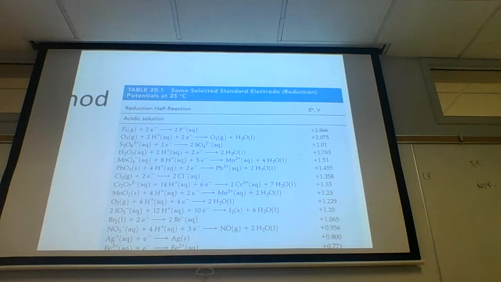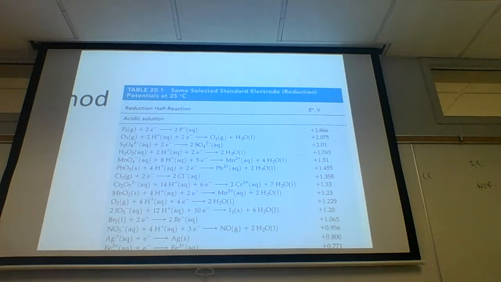So 8 times 2 is minus 16. So this has got to be plus 16. Oh, no, not plus 16 because we've got a negative 2. This has got to be plus 14. Plus 14 minus 16 is minus 2. And so each sulfur must be plus 7.